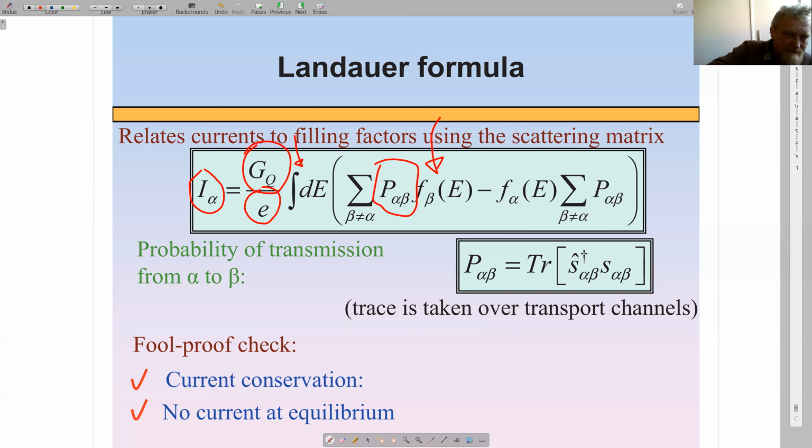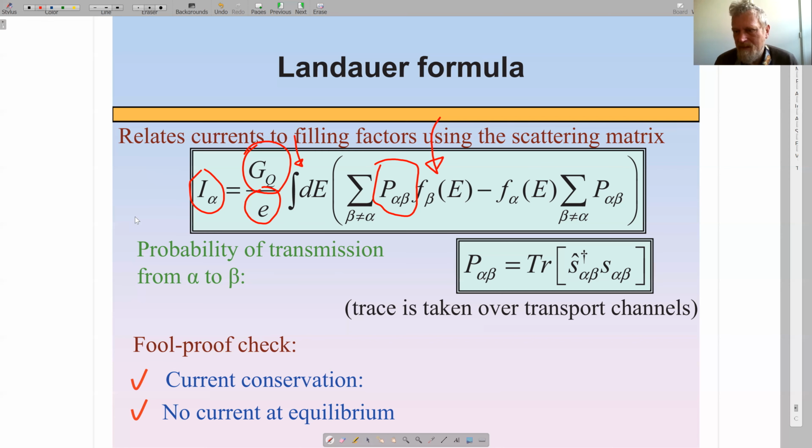It does not stand on my slide, I hope. Who can guess what this is? P alpha beta. Recall the two-lead Landauer formula.